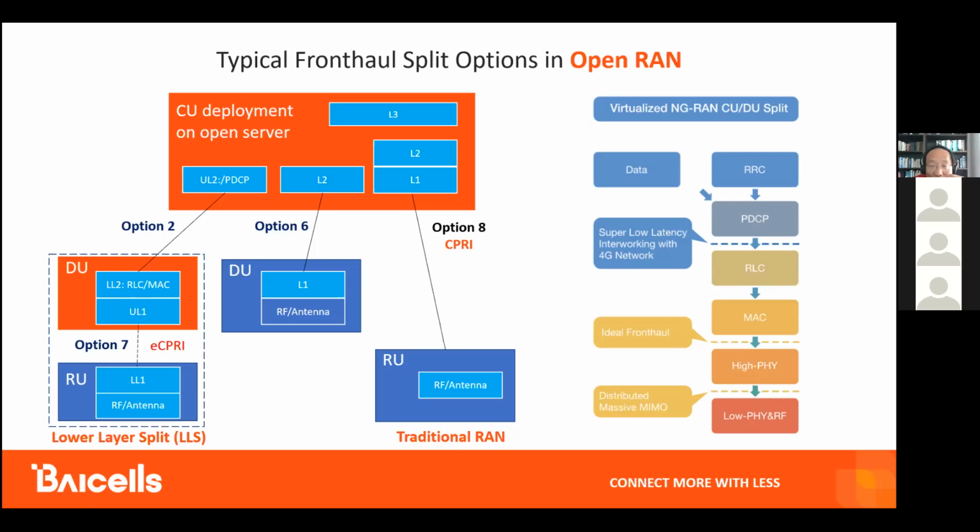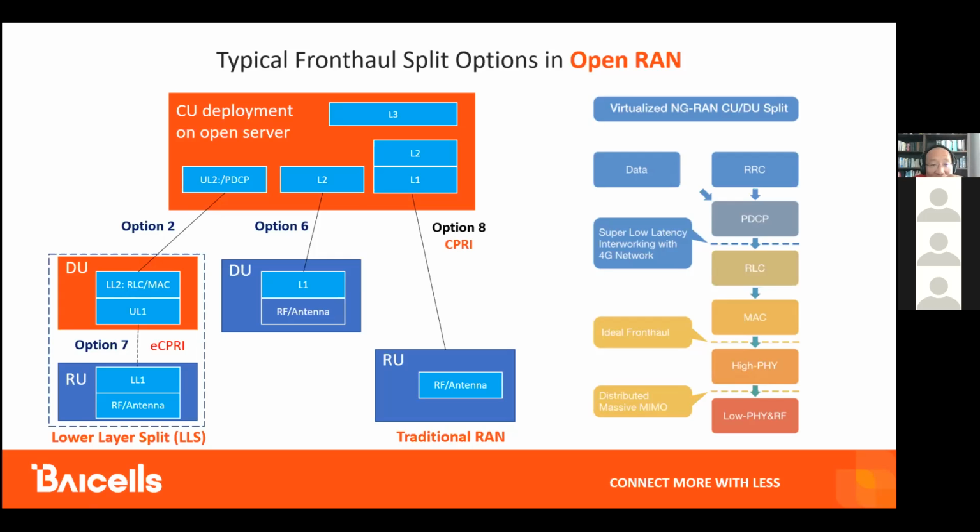So in Open RAN, there are 8 split options defined, but the actual splits are many more, because each split option has different flavors or further splits.